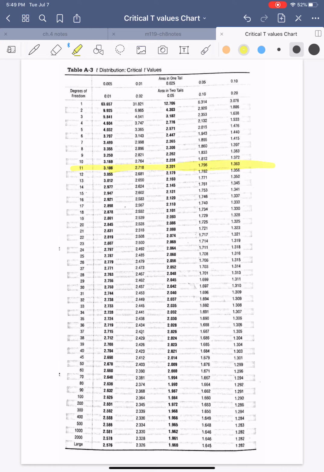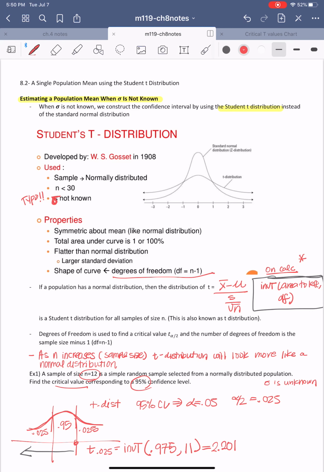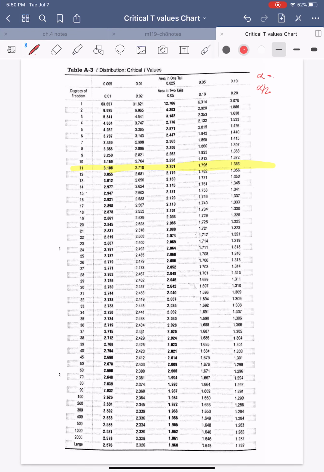Okay, and then area in one tail, two tail. Area in one tail is the combined alpha value. Area in two tail is alpha over 2. So either way works. We had alpha value 0.05 or 0.025. Oh, I'm sorry, area in one tail is alpha over 2 because it's just one area, so it should be smaller.